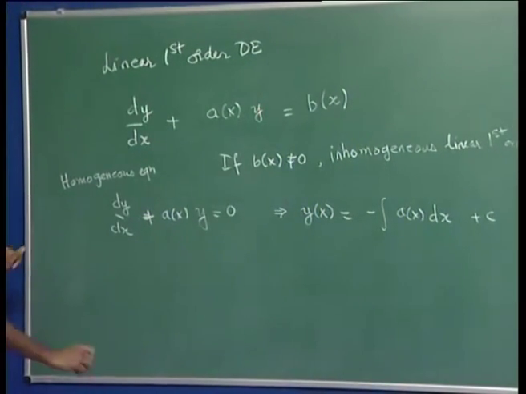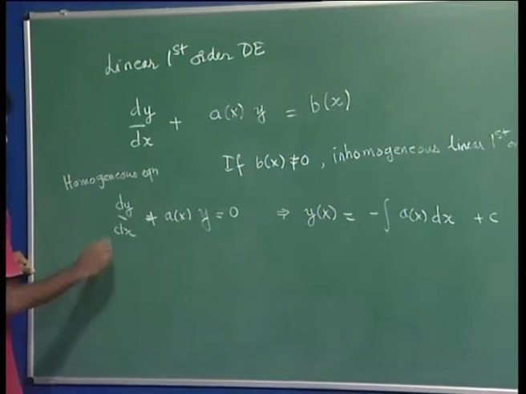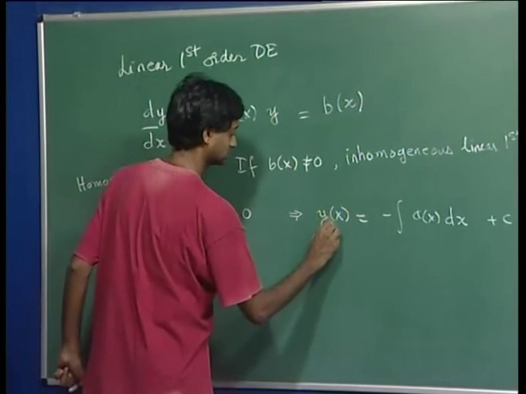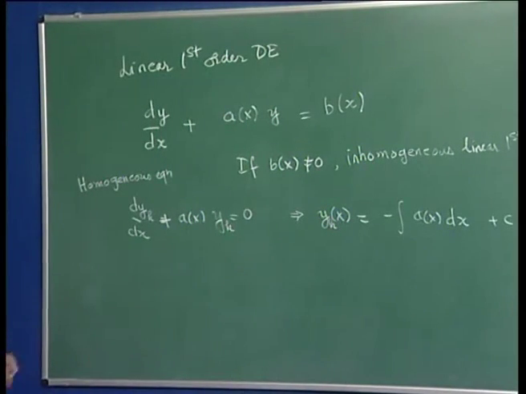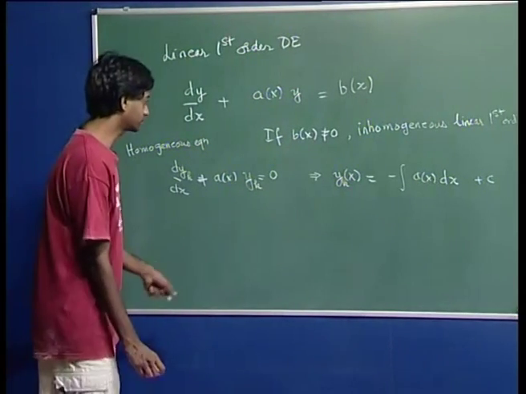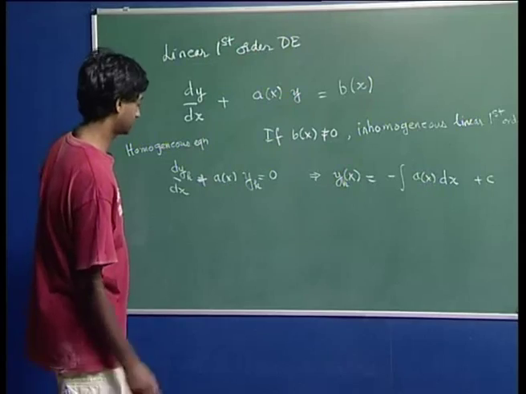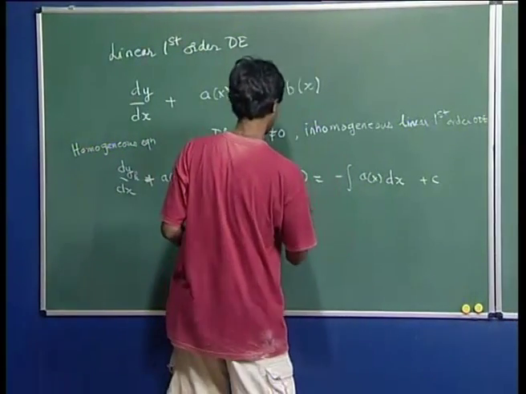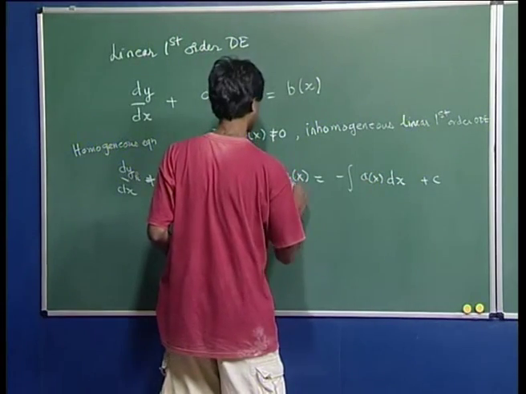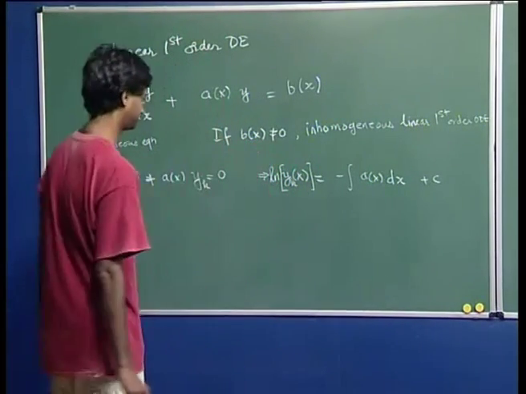Okay, so this is the solution of the homogeneous equation, and I will call this yh. Okay, so the solution of the homogeneous equation is given by this. Oh, sorry, it should be e to the minus. So ln of y is equal to this.